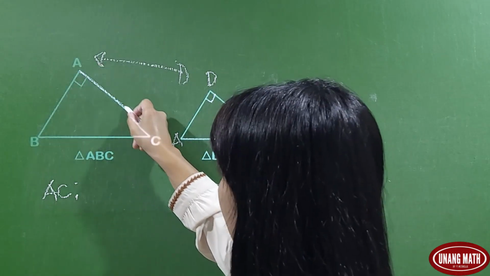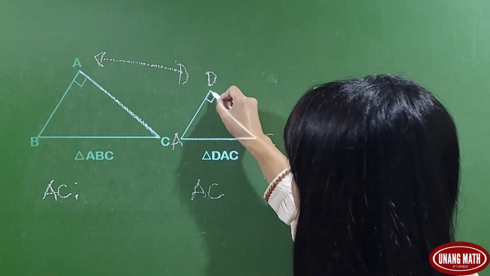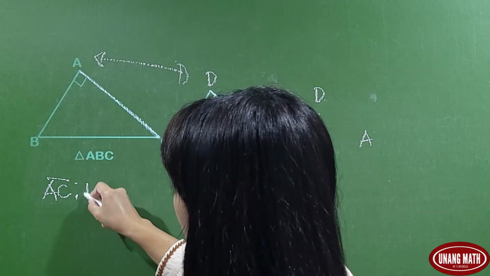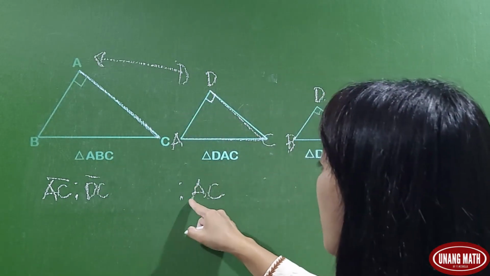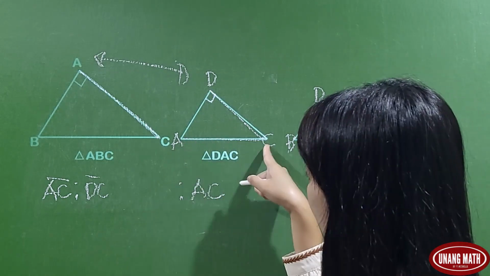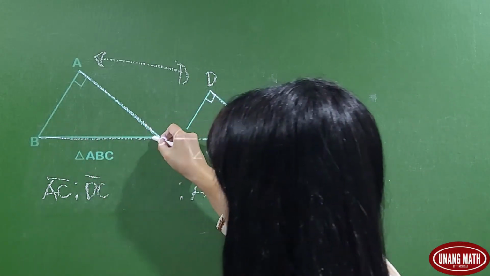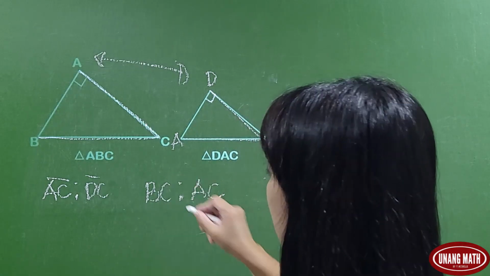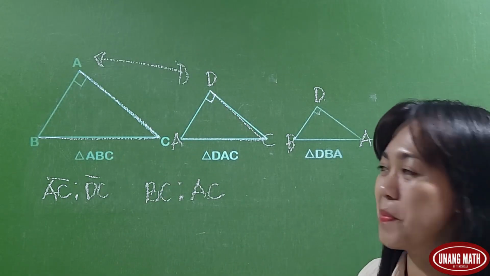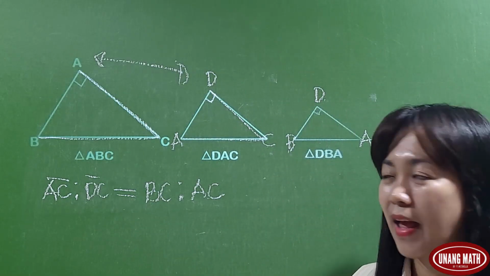Segment AC, the corresponding side in this right triangle is segment DC. So AC is to DC. What about this side AC? It corresponds to this side BC. So BC is to AC. Take note, these two right triangles are similar figures, so this is equal.